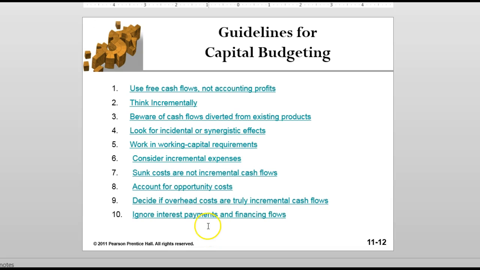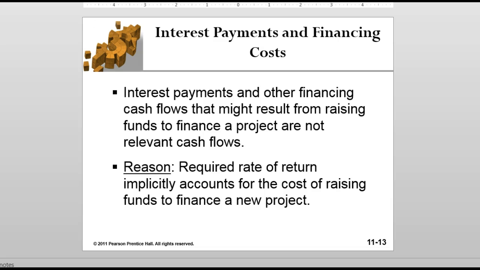And finally, you need to ignore interest payments and financing flows. And why is that? That's because when you do the evaluation, you're going to take interest cost into effect. So you want to stay away from interest. When you're evaluating these cash flows and bringing them back to present value, trying to decide if the project is feasible, you are using cost of capital in that discount rate.